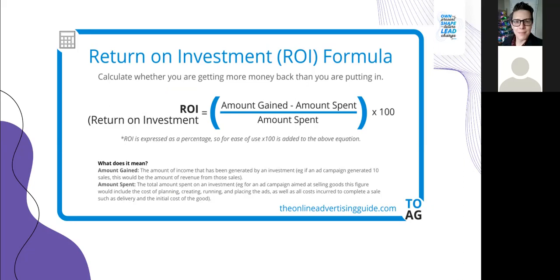Just to check the formula, which is very simple: it is the amount gained minus the amount spent, divided by the amount spent, times 100, so you can have a percentage. So if you see, it is not that difficult. The formula is just divisions and multiplications, so it is not difficult at all.